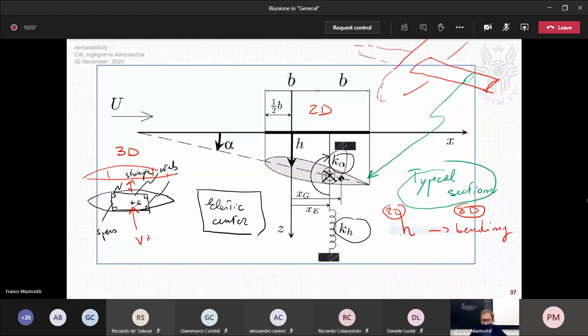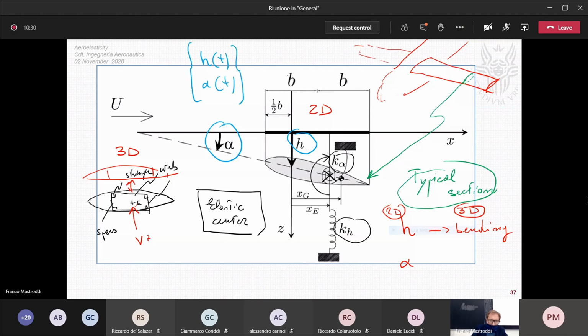And the role of alpha, degree of freedom, which is actually this angle here, we have alpha and we have h. We have two state space variables, h and alpha, functions of time.